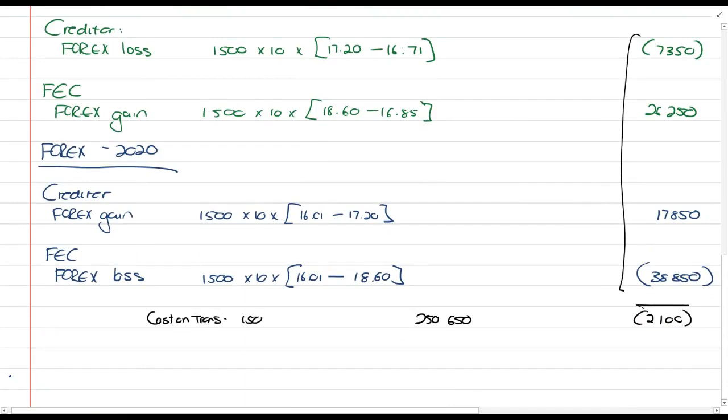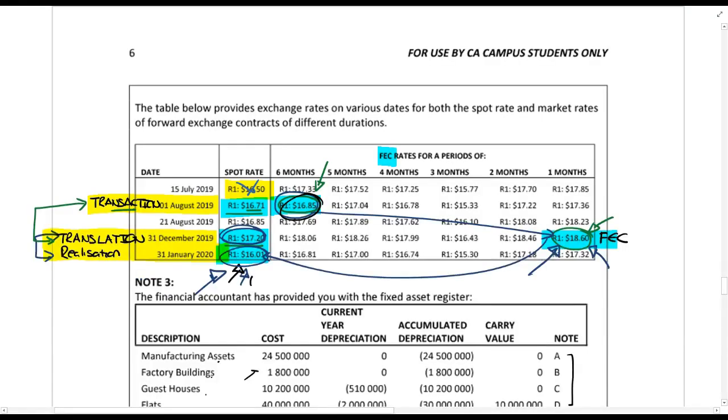So 1,500 times 10 times, what's that, 1671. Then I compare it to what I actually paid. Well, spot rate on payment date. So realization date. So 1,500 times 10, and what was the spot rate? 1601.